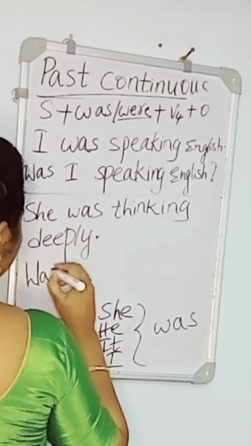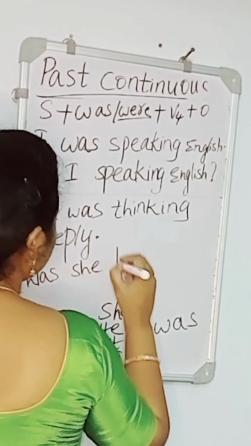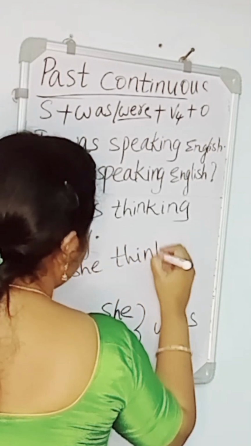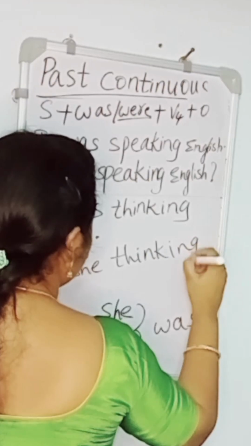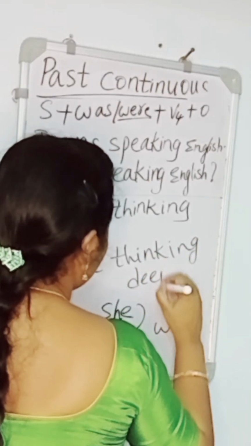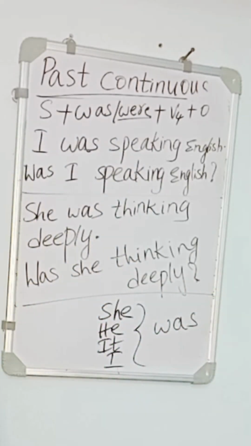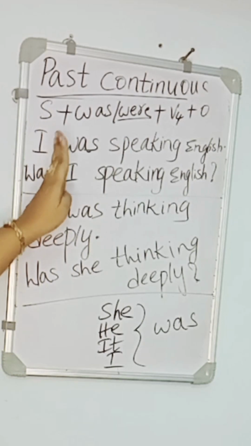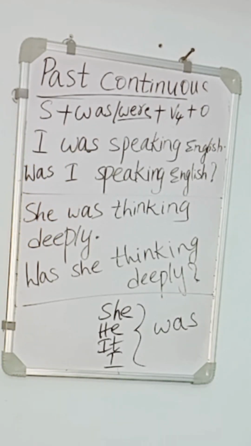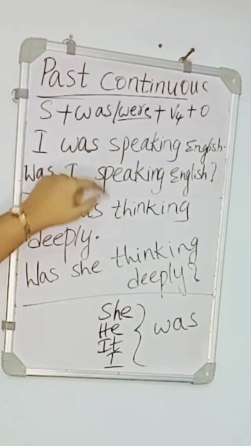Was she thinking deeply? Was she thinking deeply? And question mark. So this is the question for this sentence. Just we have to write helping verb in the first and the subject in the next.